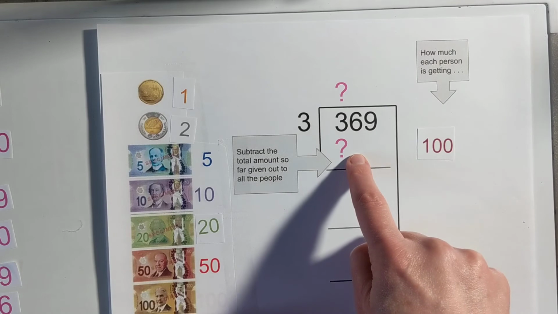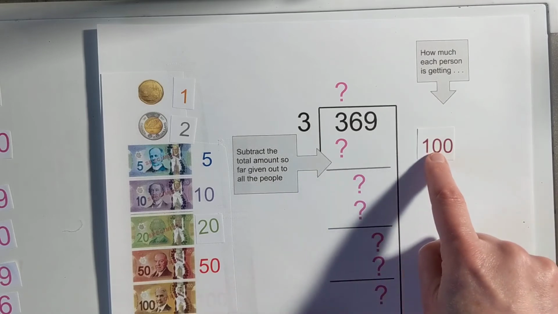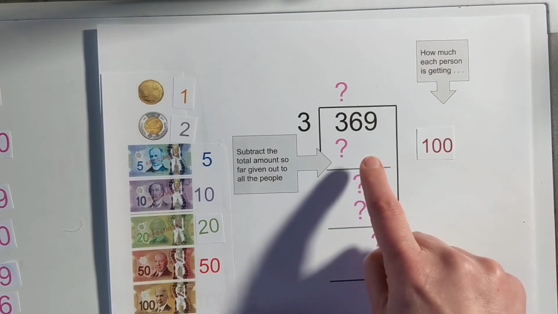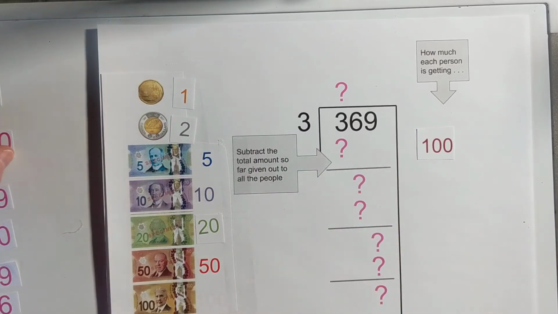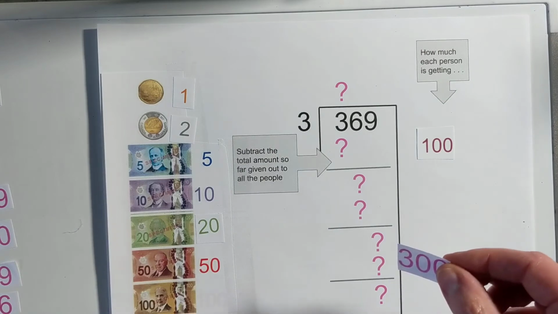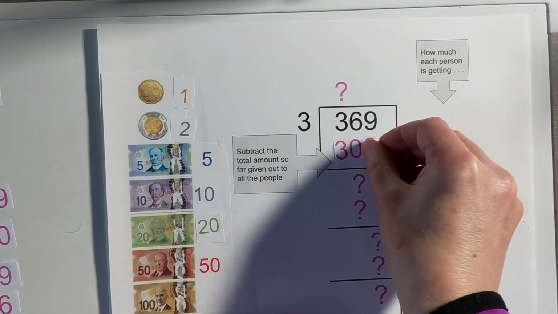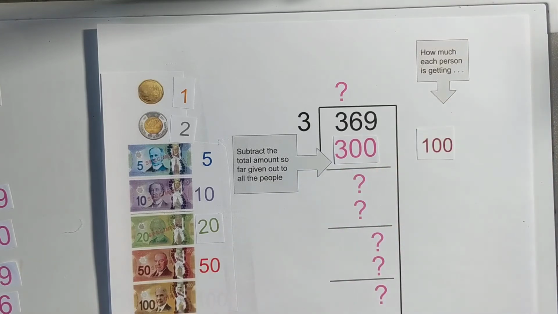And I'm going to put it in line with this here because, since I've given away $100 to each person, how much in total have I given away? Okay, so if I give each person $100, then I will have given 300 away. So I would go ahead and type that 300 in where the question mark is.